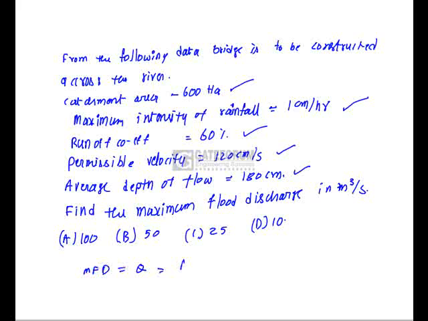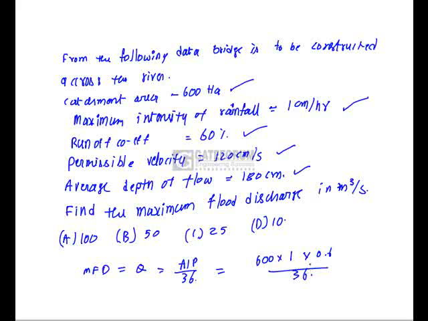Q is equal to AIP by 36, where A is the area of catchment, I is the maximum intensity of rainfall and P is the coefficient of runoff. So area is 600 hectares, intensity of rainfall is 1 centimeter per hour and runoff coefficient is 0.6, divided by 36.